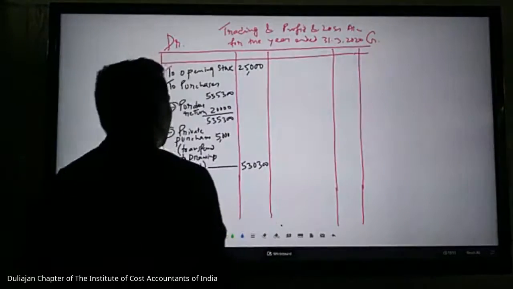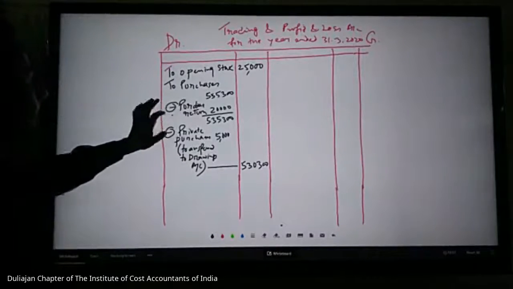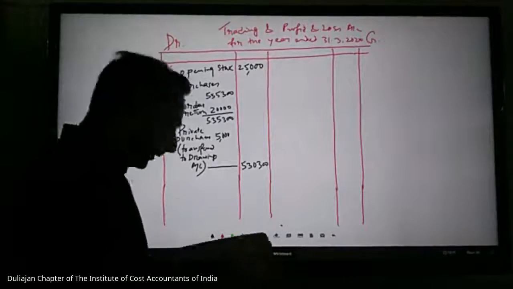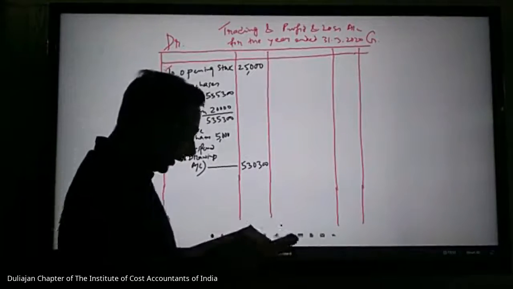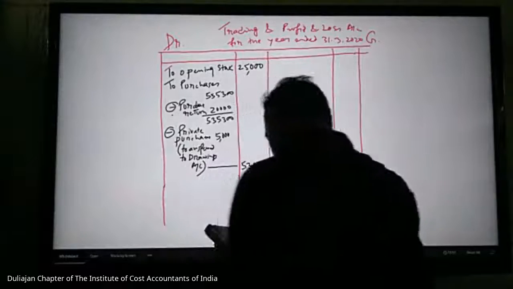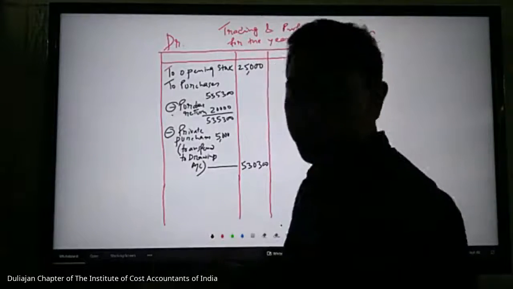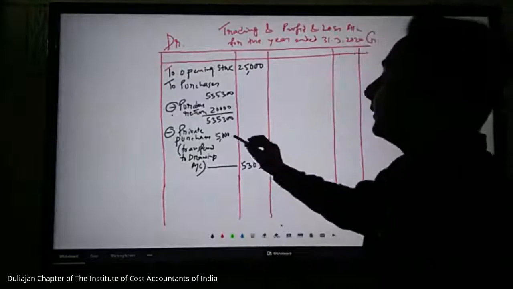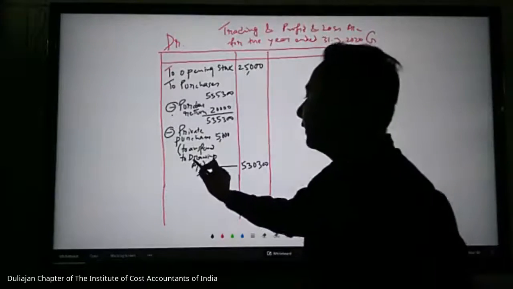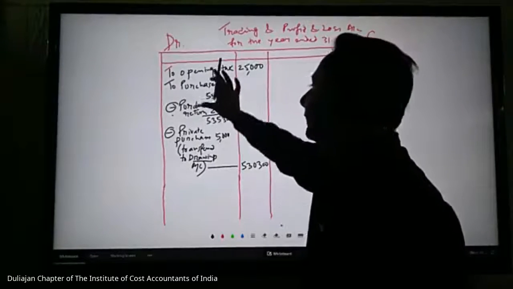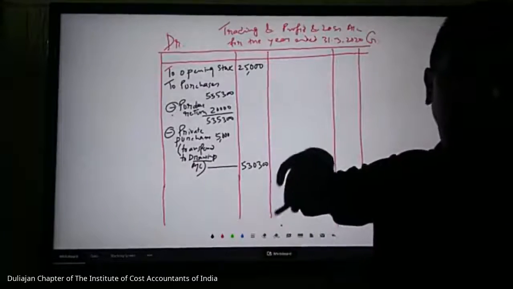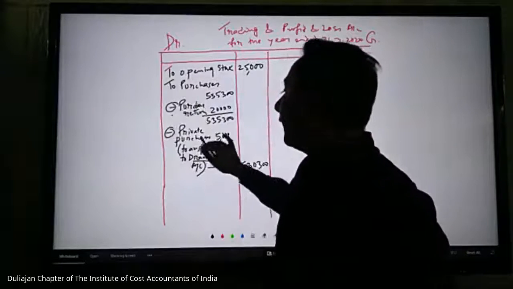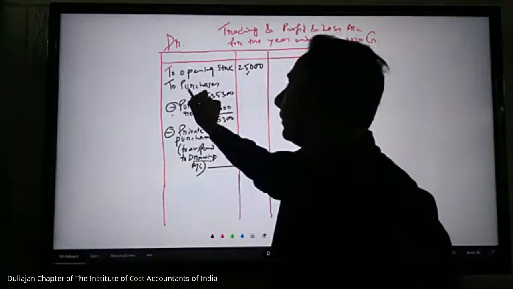So this is given in the trial balance, purchase return 20,000. Then private purchase, adjustment number 4: private purchase amounting to rupees 5,000 has been debited to purchase account. Private purchase means drawings, so it should be excluded from purchases, because private purchase is included in purchases.